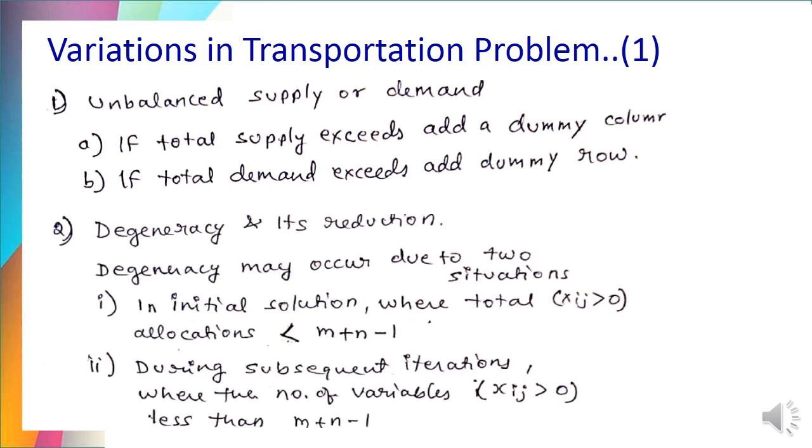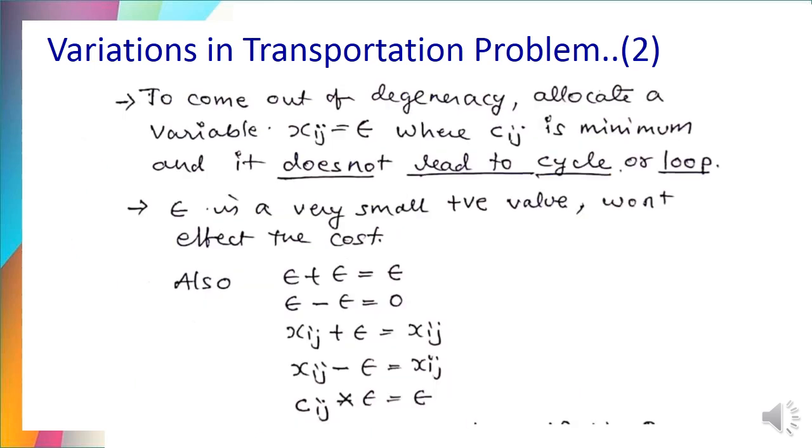Now, how to overcome this degeneracy? To come out of the degeneracy, allocate a variable xij equal to epsilon, where Cij is minimum as well as that particular position does not lead to a cycle or a loop with the allocated cells.